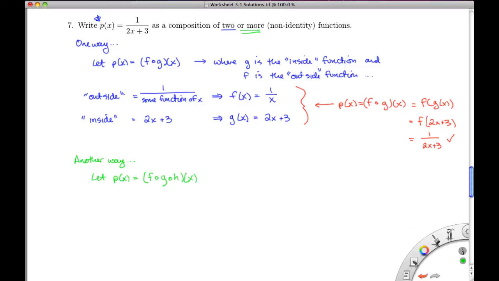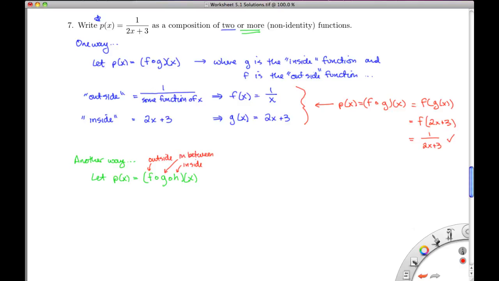So what we've got now is h is still the inside function, and f, sort of like the bookends, is still the outermost function. But then we've got this g, which is sort of in between, an in-between function.